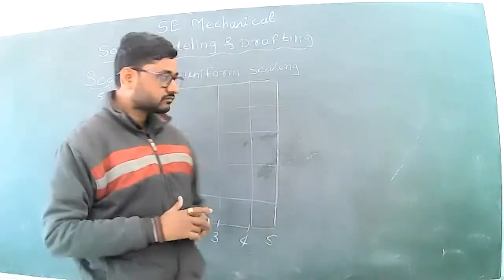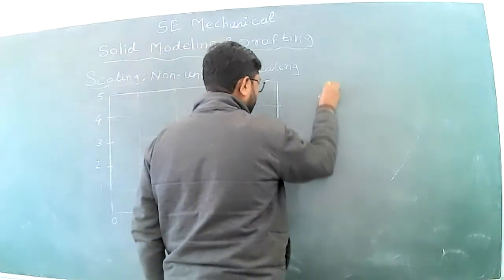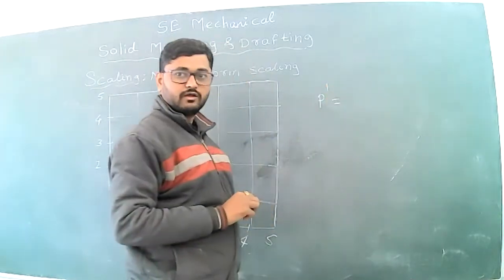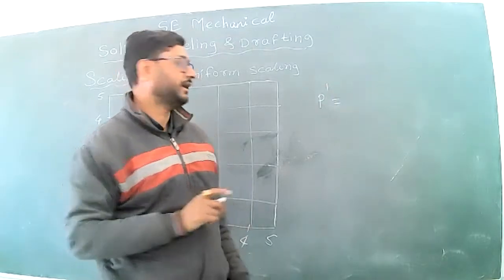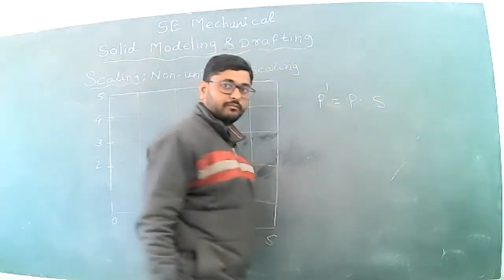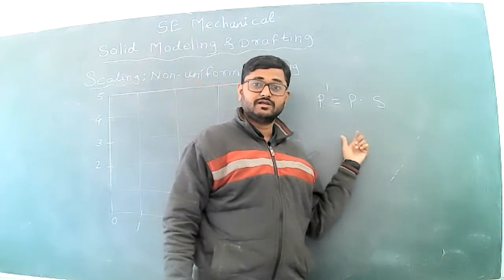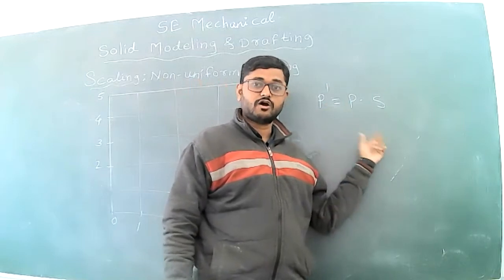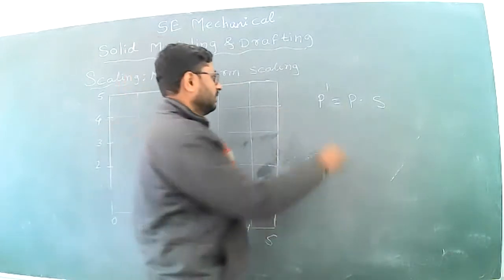So first of all, I just write down here the formula to calculate the scaling parameter. That is P dash is equal to P into S. By using this formula, we are going to calculate the scaling parameters, or to solve the numerical based on the scaling.